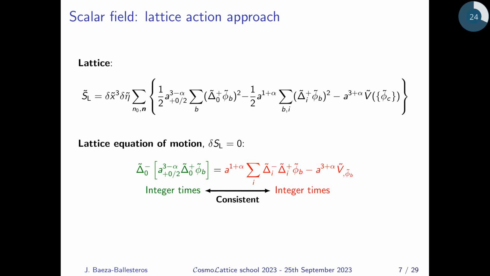So the equation of motion we get from this action is indeed consistent with respect to the times at which the different terms live. All the different terms are defined at integer times, and so it is suited to be solved using some numerical algorithm.